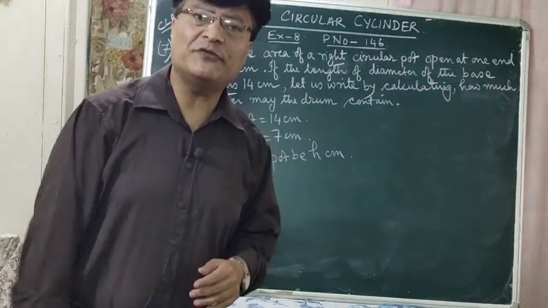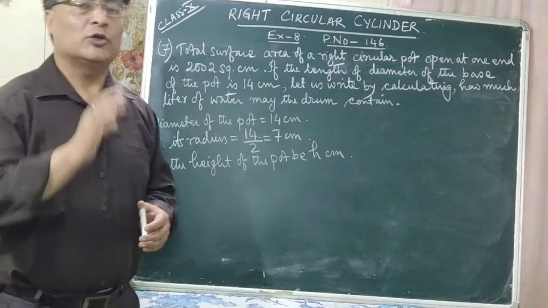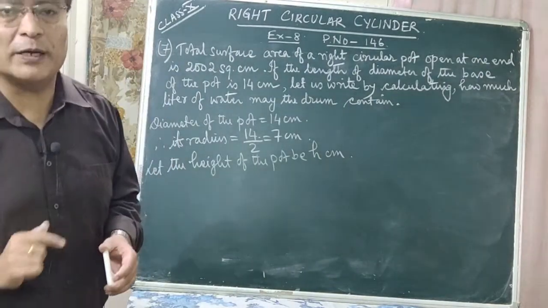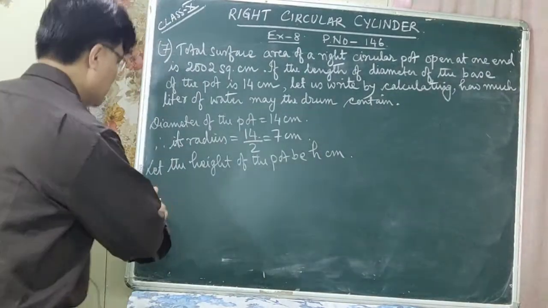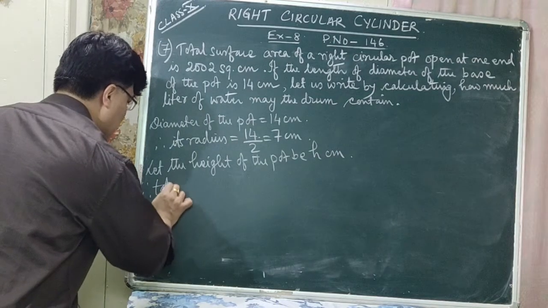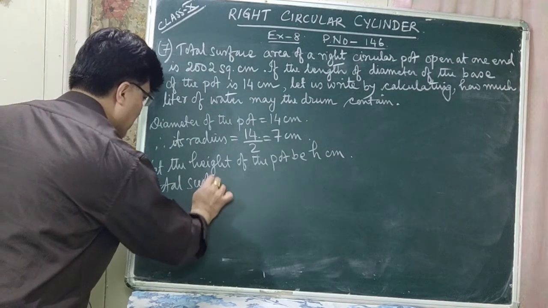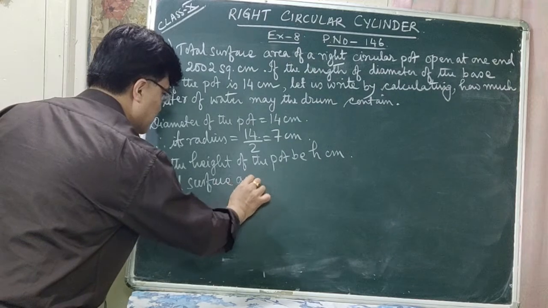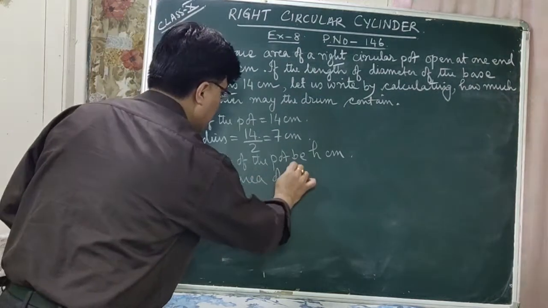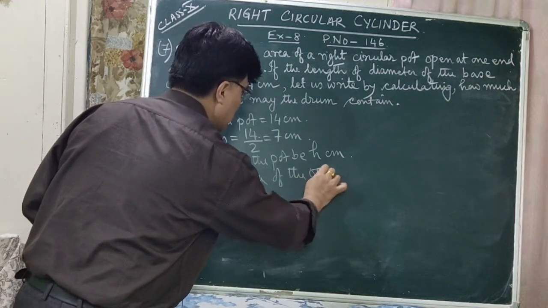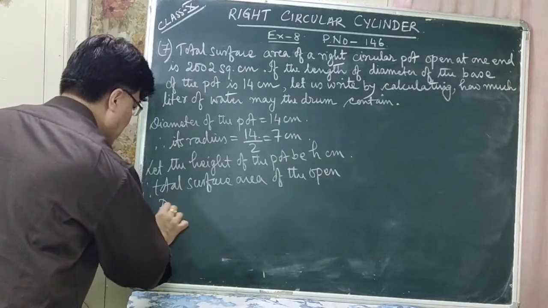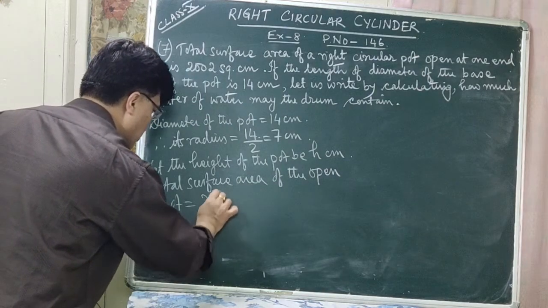So again, using the formula, let us find out the total surface area of this open pot. Therefore, total surface area of the open pot is equal to, what is the formula?